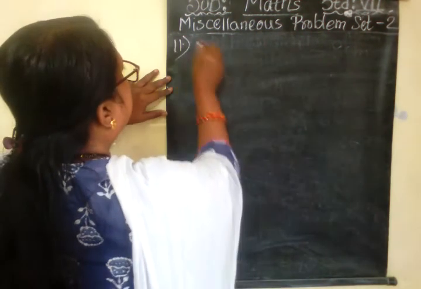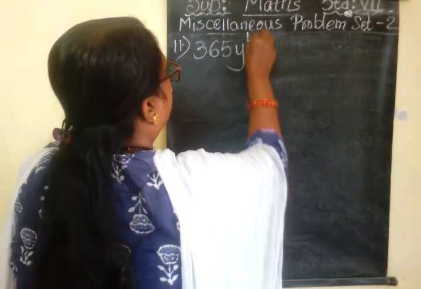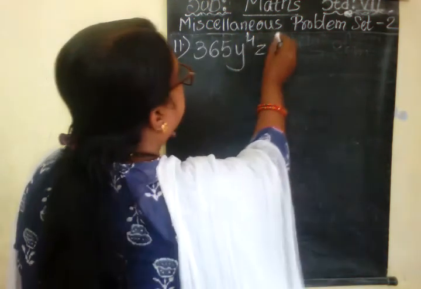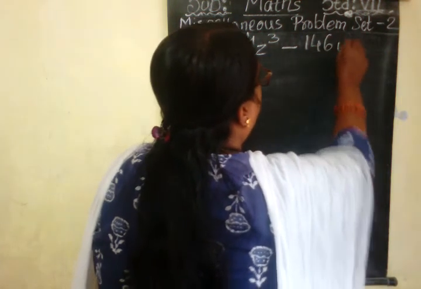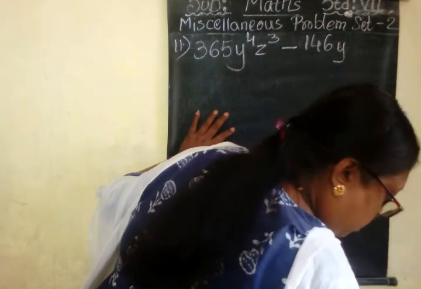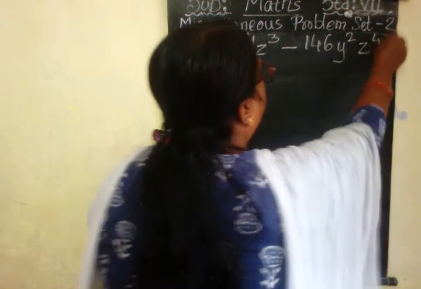Eleventh one, 365 y raised to 4 z cube minus 146 y square z raised to 4.